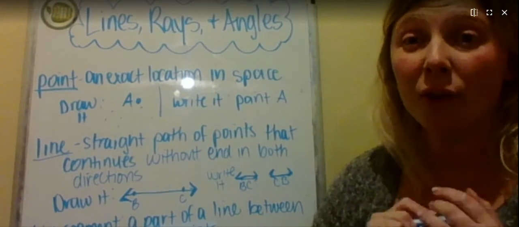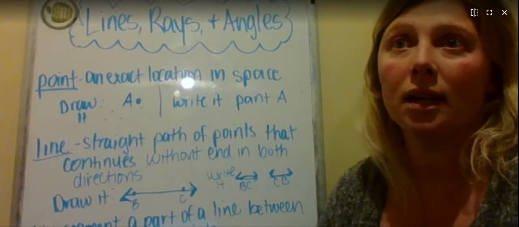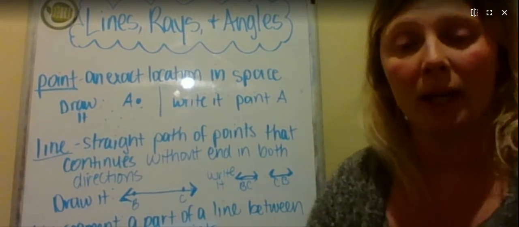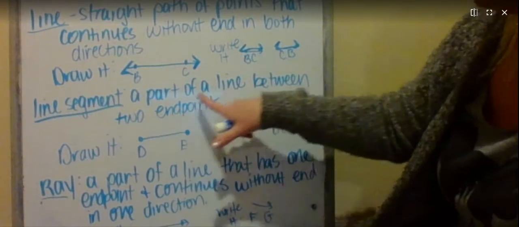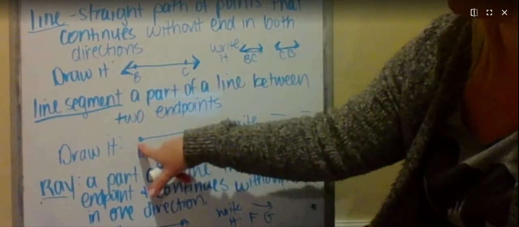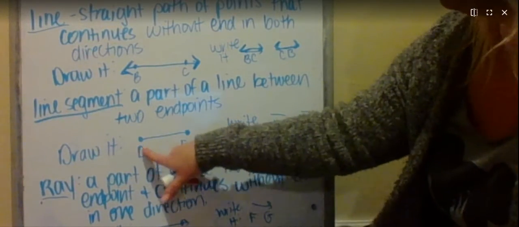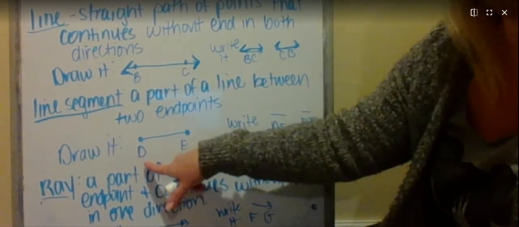So lines go on forever and ever. You can't always see those lines that go on forever. What you see normally in life is a line segment, and that's our next word. A line segment is a part of a line between 2 endpoints. We'd draw an endpoint and another endpoint, and you'd say line segment DE.